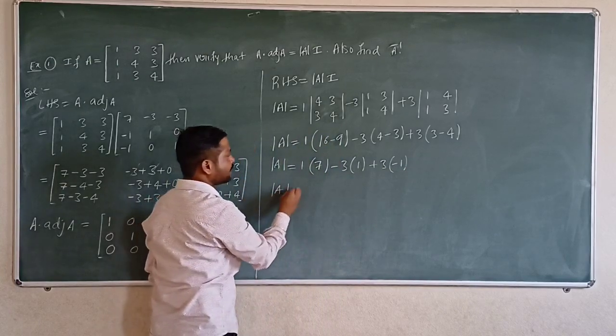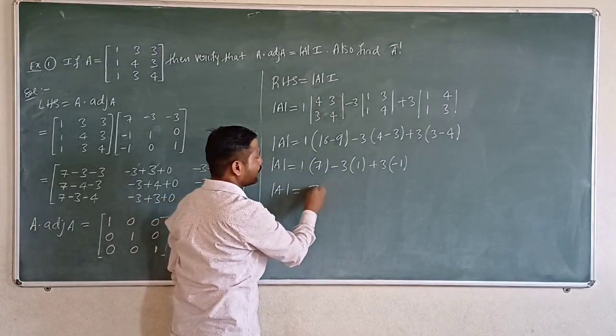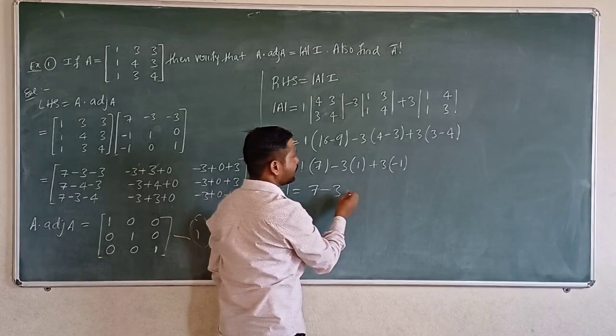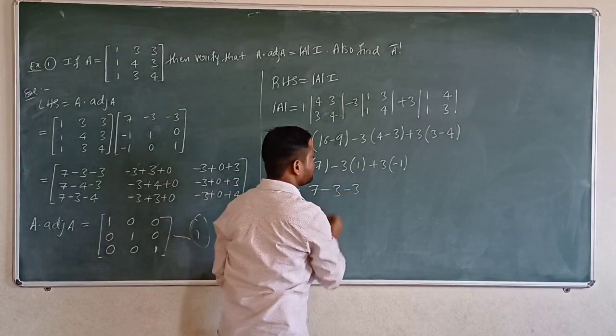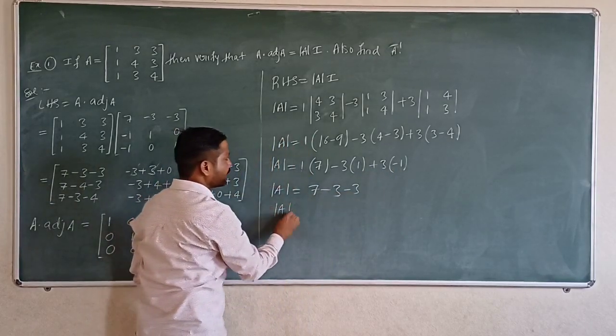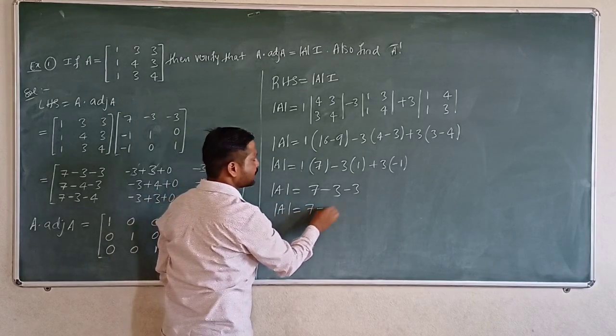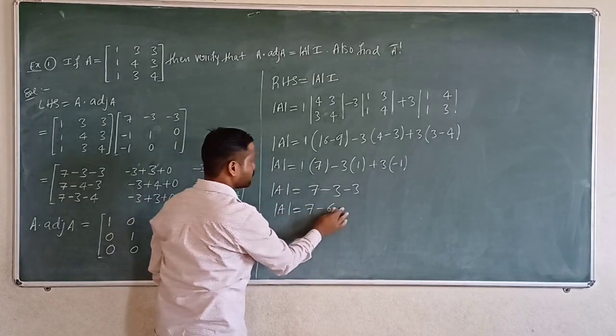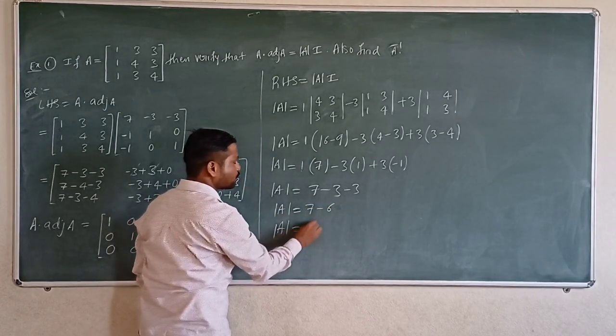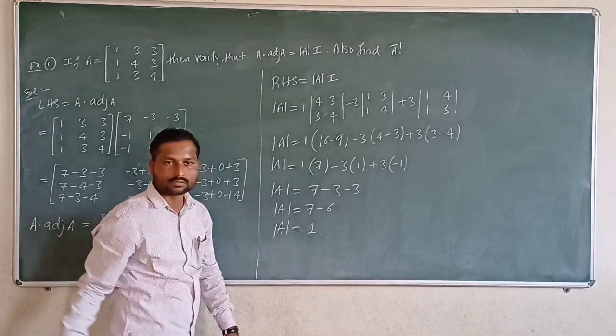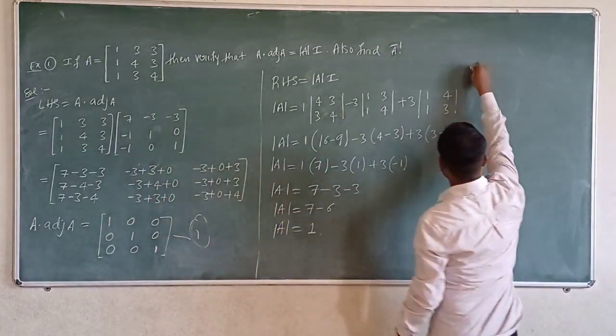Then determinant of A is 1 sevens are 7, minus 3 ones are 3, plus into minus 3 ones are 3 again. Determinant of A is 7 minus 3 minus 3, minus 6. So therefore determinant of A is equal to 1 now.